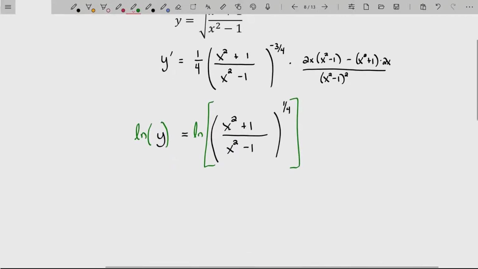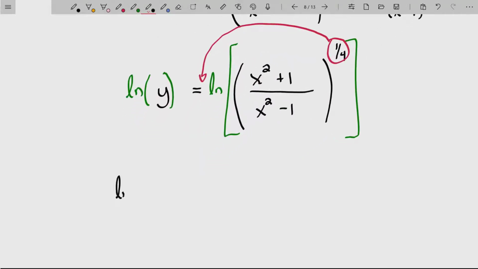What this allows me to do is several things. One, I can use my algebra first to take this exponent all the way out in front of this logarithm. And I can also write the resulting logarithm as a difference of logs.